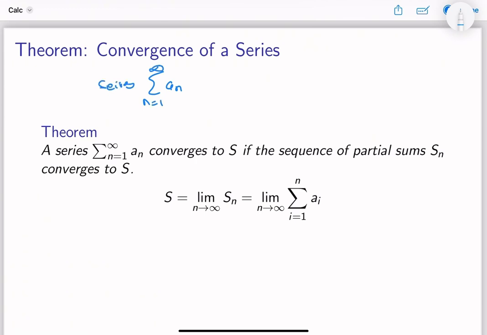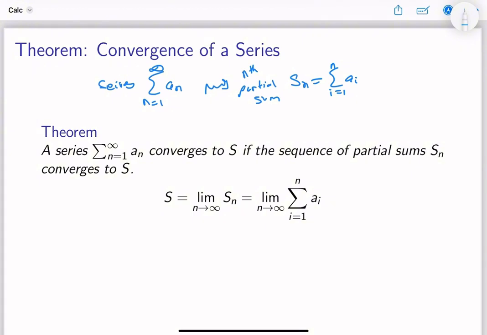For this series, we have the concept of the nth partial sum, which is defined as the sum of a_i from i equals 1 to n.